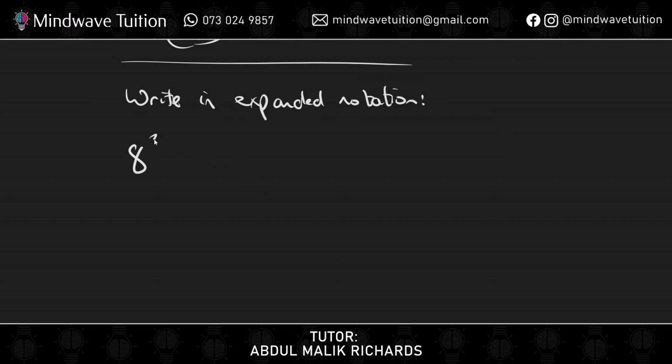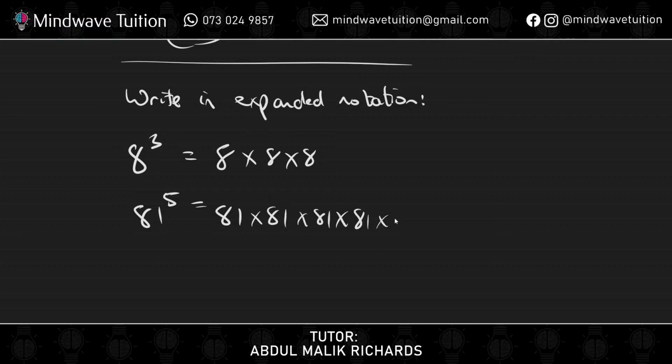So if we have something like 8 cubed, then the expanded notation would be 8 times 8 times 8. If you have 81 to the power of 5, then the expanded notation will be 81 times 81 times 81 times 81 times 81. And that's it. Obviously, they're not going to expect you to calculate 81 to the power of 5 without the calculator.